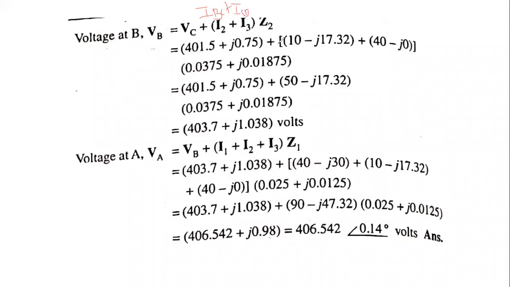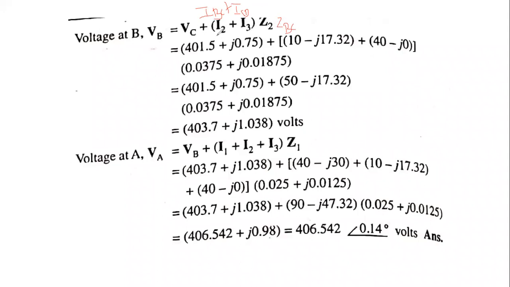I3 equal to ICD into Z2, where Z2 is equal to ZBC. Then substitute all the values. This is the voltage drop across the B to C section.